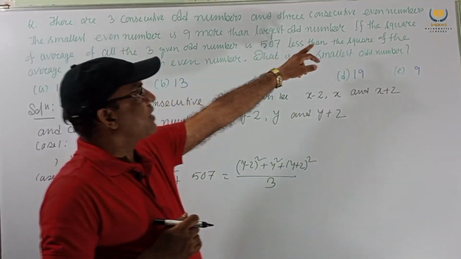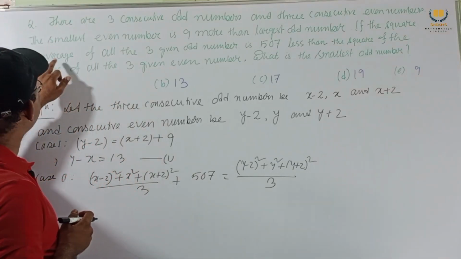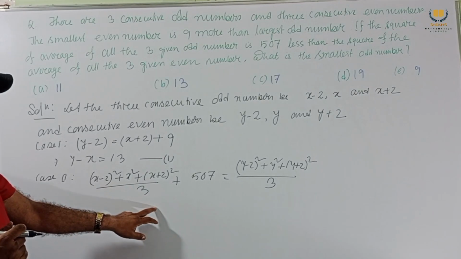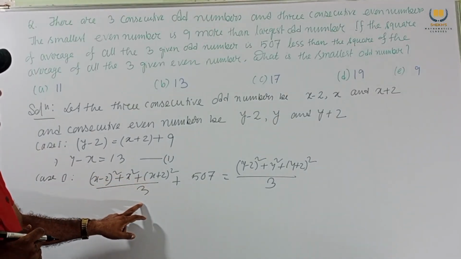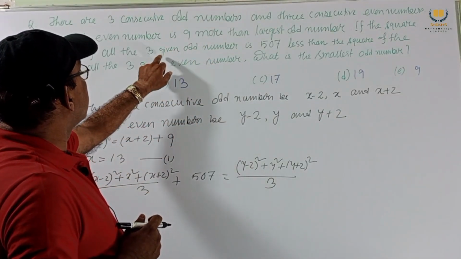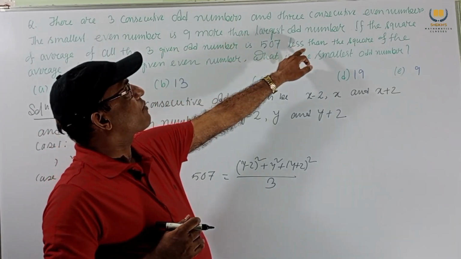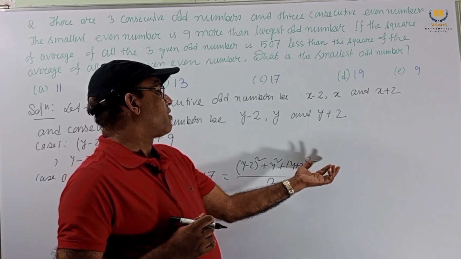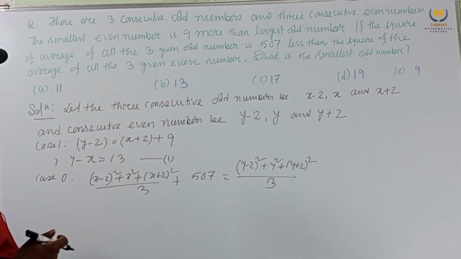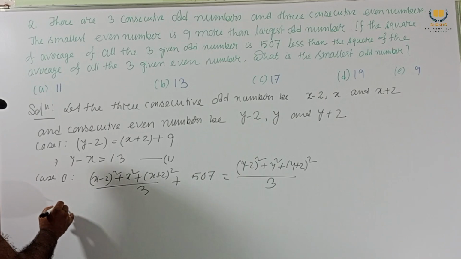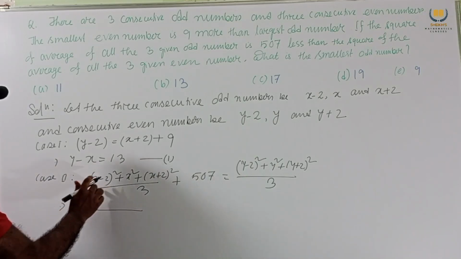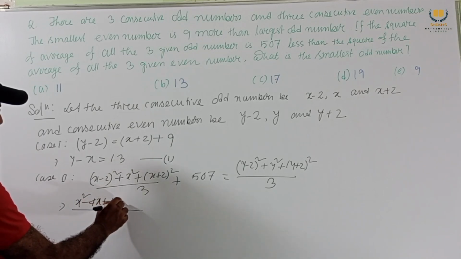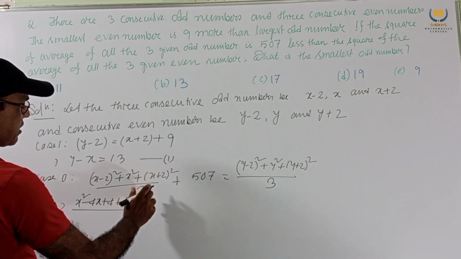The square of the average of the three odd numbers: average means three numbers divided by 3. It is 507 less, which means we add 507 here, equal to the same for the even numbers. Now we calculate using (a minus b) whole square equals a square minus 2ab plus b square, and (a plus b) whole square.